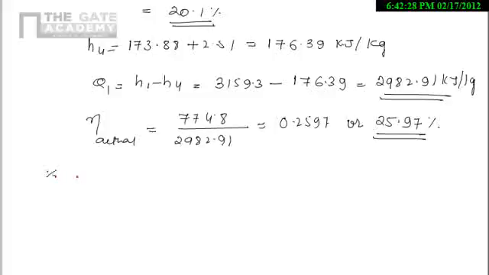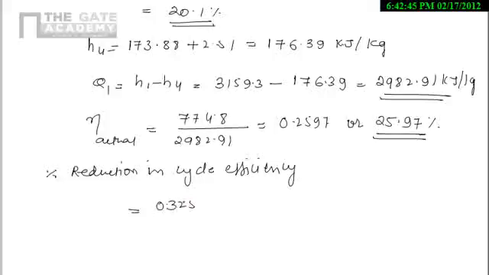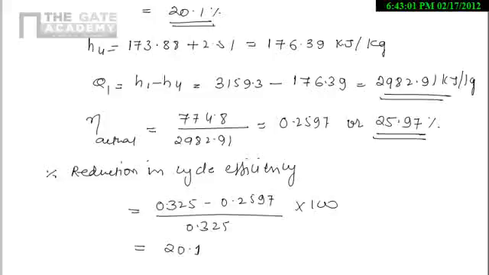Now let's find the percentage reduction in cycle efficiency. The ideal cycle efficiency is 0.325 and the actual cycle efficiency is 0.2597, so the reduction is ideal minus actual, divided by the ideal cycle efficiency, 0.325, into 100. So we get 20.1 percent reduction in cycle efficiency.